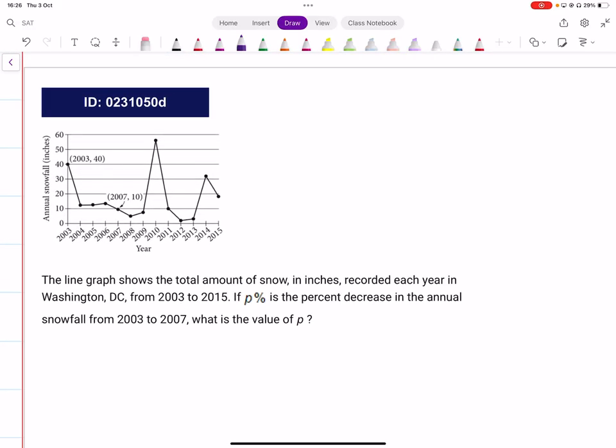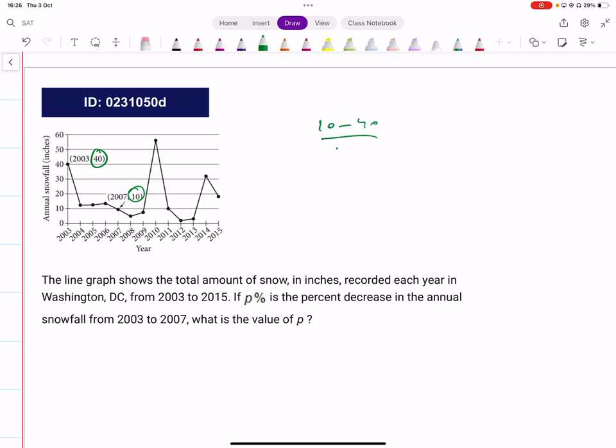If P percent is the percent decrease in the annual snowfall from 2003 to 2007, what's the value of P? What's the percentage decrease from 2003 to 2007? In 2003, the number is 40. In 2007, the number is 10.